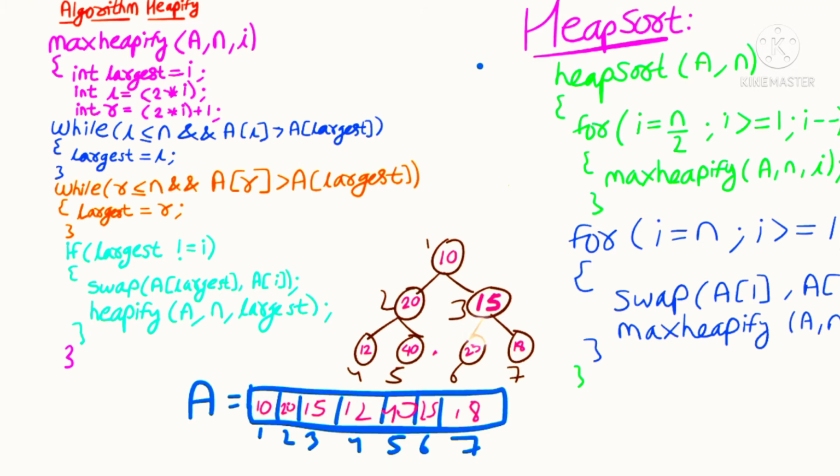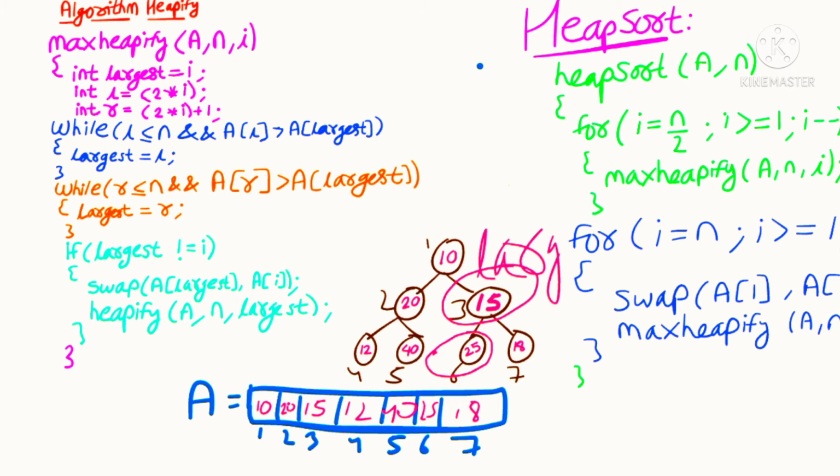and if the element of the left child is greater than its parent, then we will declare largest equal to L. Suppose now largest is at 15, so अगर left largest रहा तो फिर left को हम लोग largest denote कर देंगे, नहीं तो we'll come back and see the another loop, that is while loop.